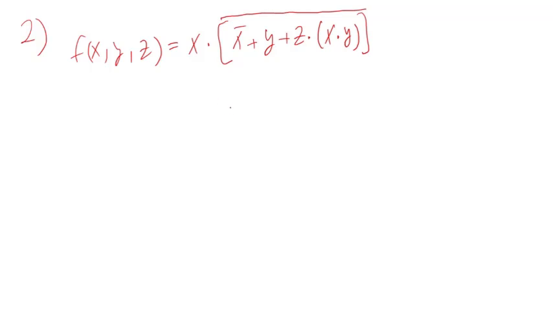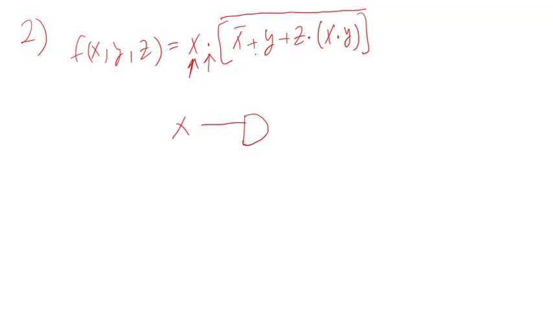Again, I'm going to start here with this first AND operator. So I can draw an AND gate. It takes this x as an input, then it takes all these things here.